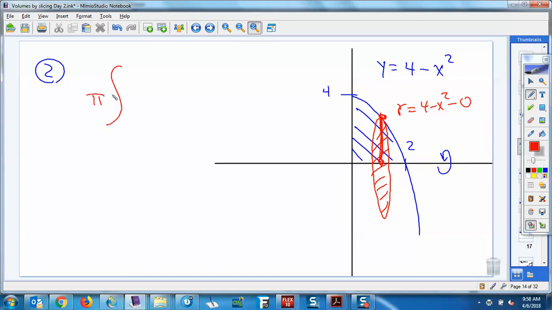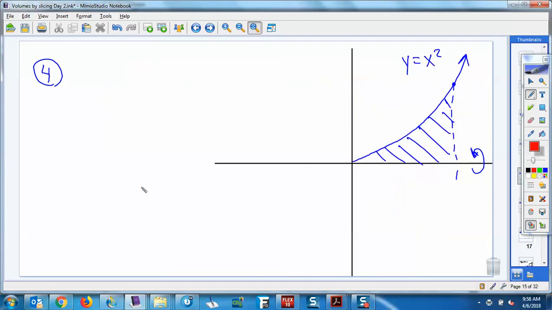And simply pi radius squared from what to what? 0 to 2, for a final answer of what? What is it in terms of pi? 256 pi over 15.